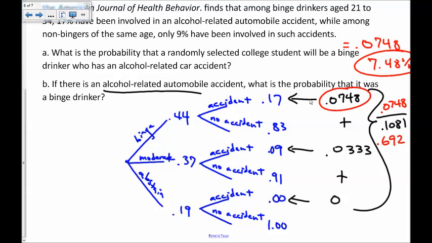So 69.2% is the answer over here. Okay, almost 70% chance that they are someone who engages in binge drinking.